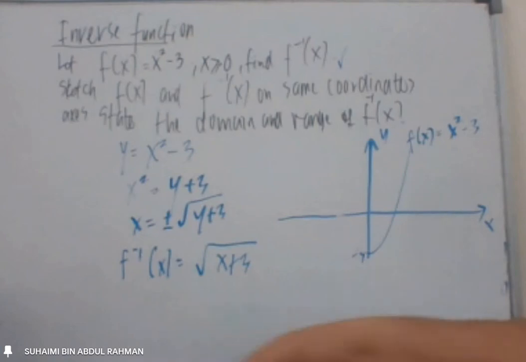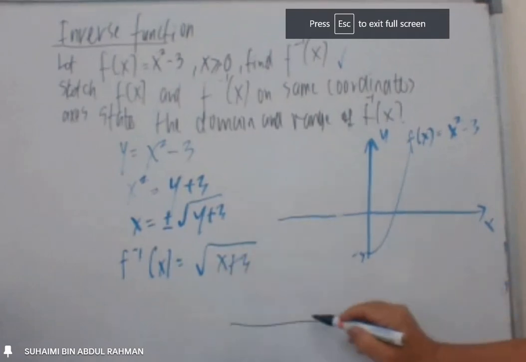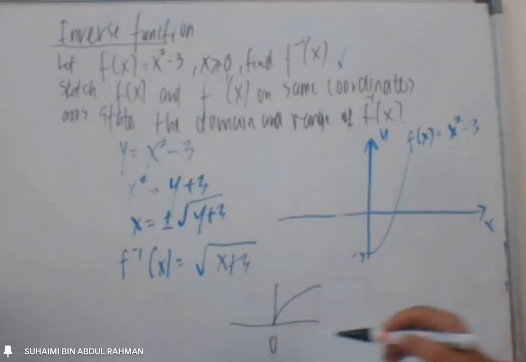It is a curve. The graph of the square root starts at 0, but in our case, where does it start?